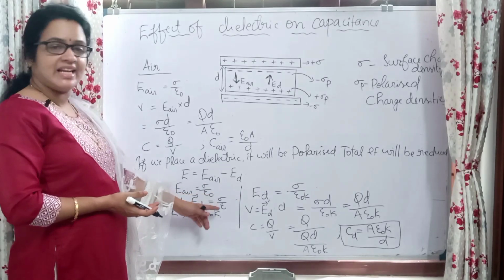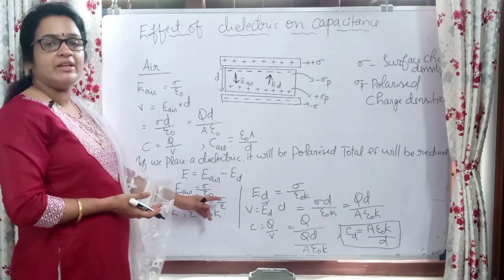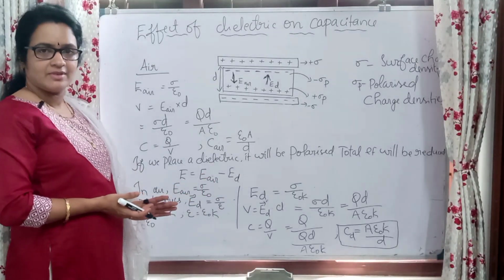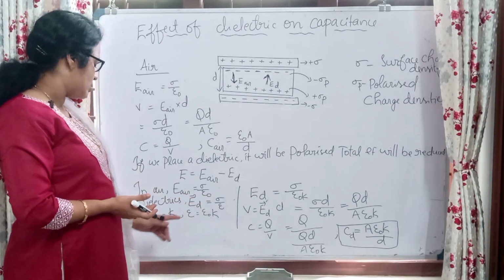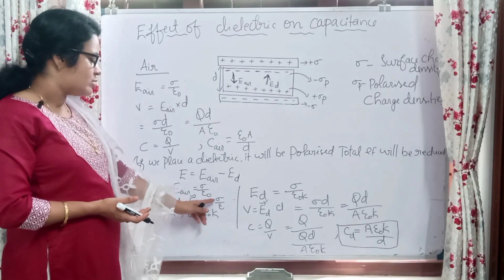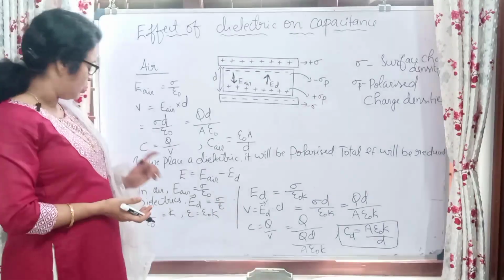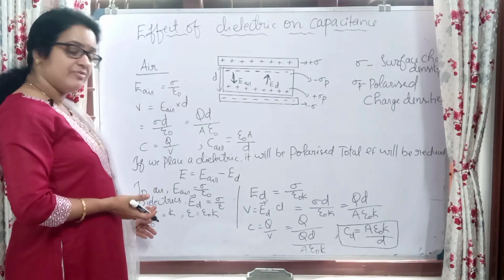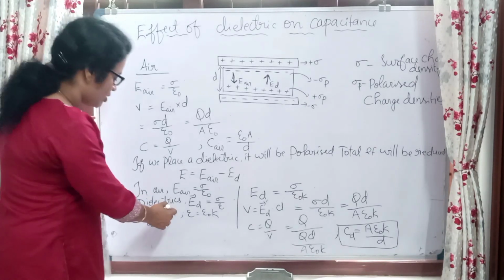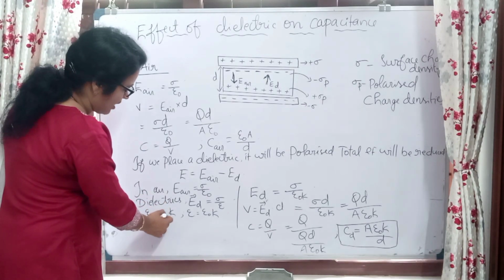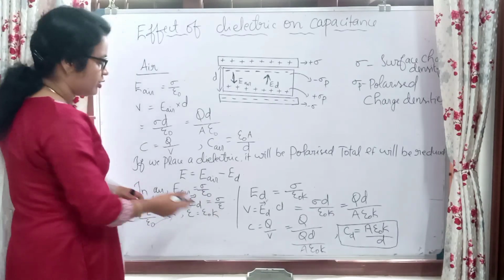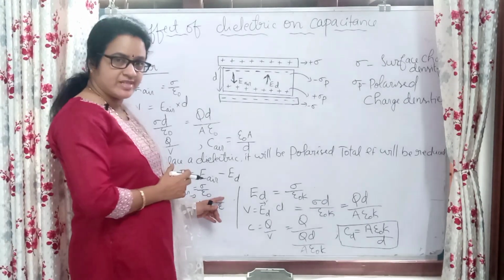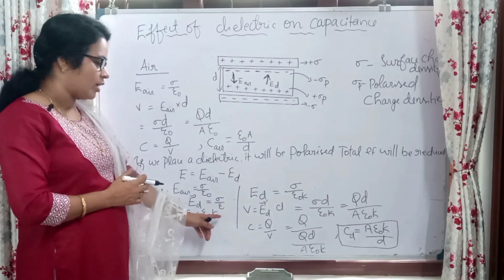So in the case of a dielectric, this epsilon 0 will be replaced with epsilon. But we know that epsilon by epsilon 0 is equal to K. So then what will epsilon be? Epsilon is equal to epsilon 0 into K, by cross multiplying. So instead of epsilon, we can write epsilon 0 K.